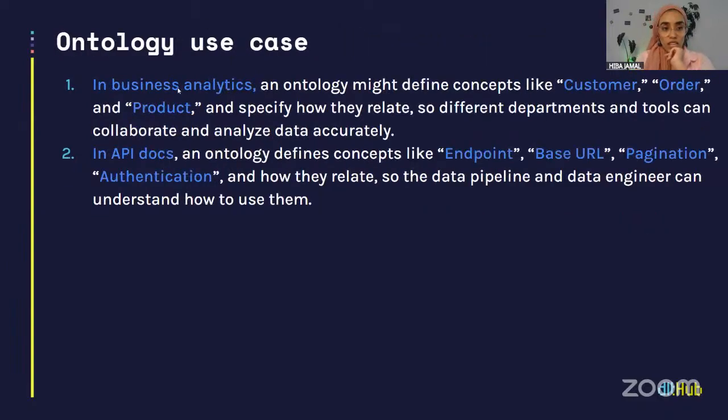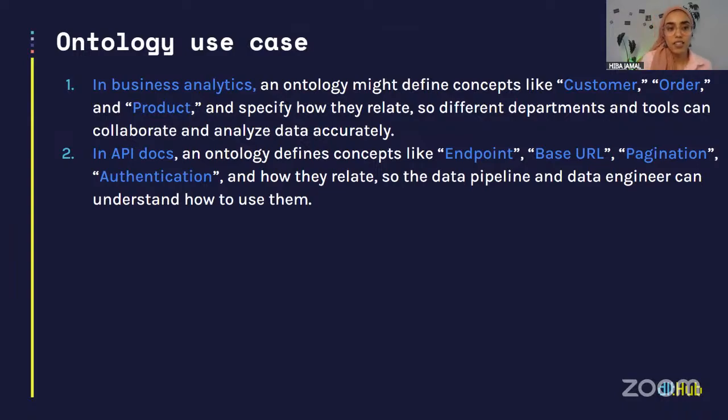So one use case is in business analytics. I think this is one of the first starter databases that anyone works with when they're learning about data analytics. So you have the different entities, customer, order, product. A customer places an order, an order contains products, etc. But what those things are and how they're related, all of this can actually be defined within an ontology.